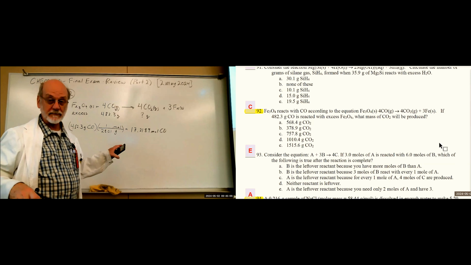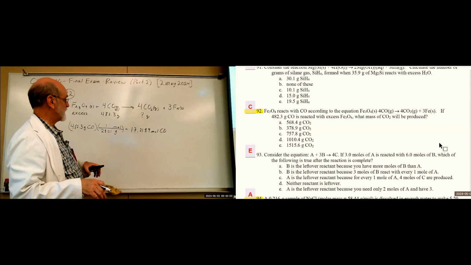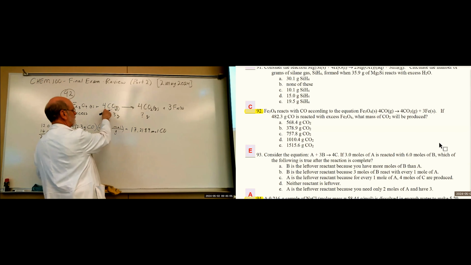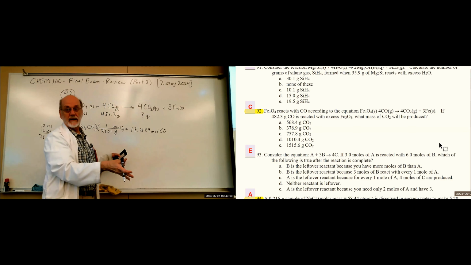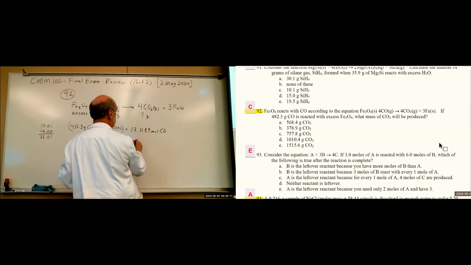So we're going to convert that to carbon dioxide. Well, look, it's 1-to-1, so you've got the same number of moles of carbon dioxide produced.